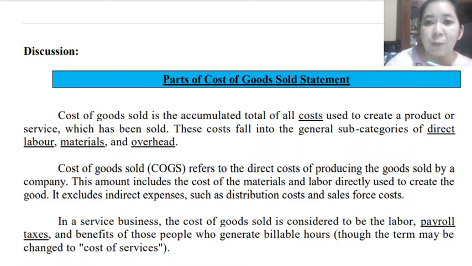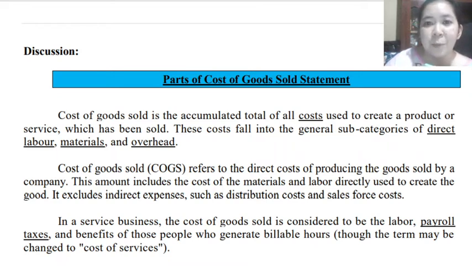Basically, our cost of goods sold has general subcategories. Basically we have the direct labor, materials, and overhead. If you notice, these subcategories pertain to our manufacturing costs.